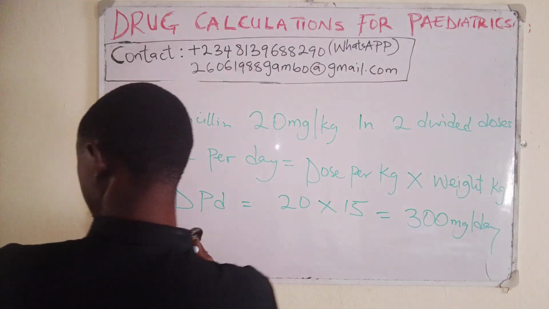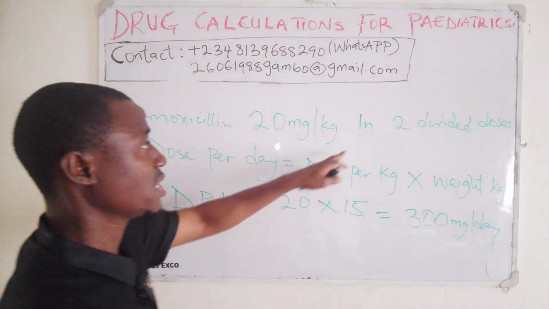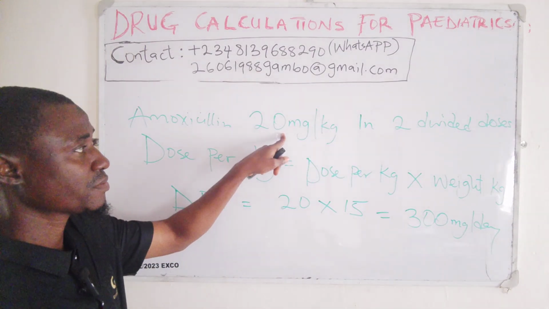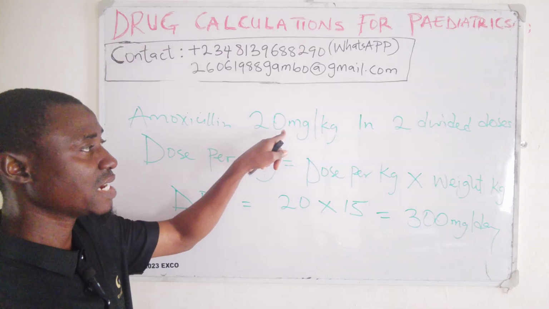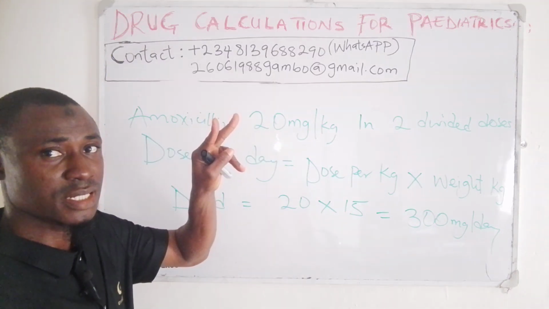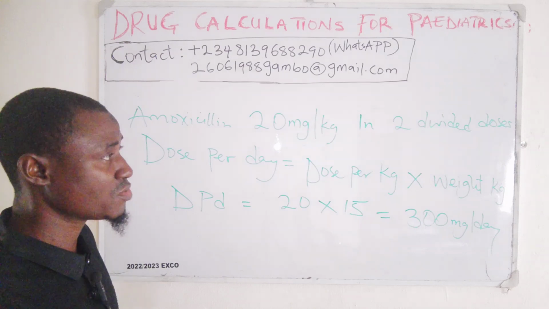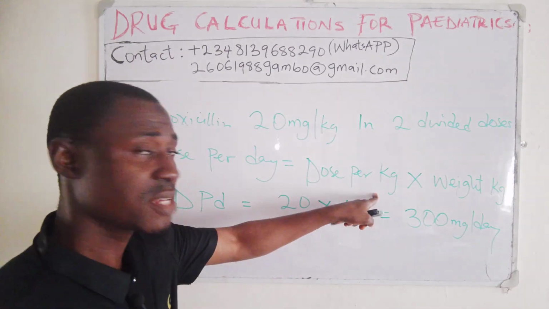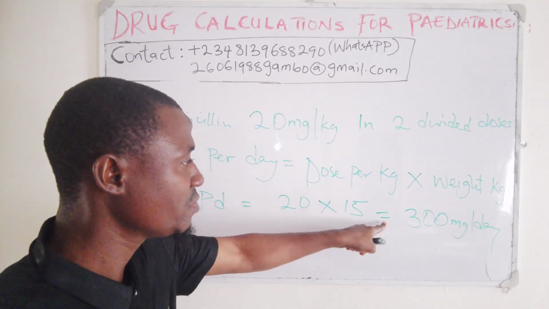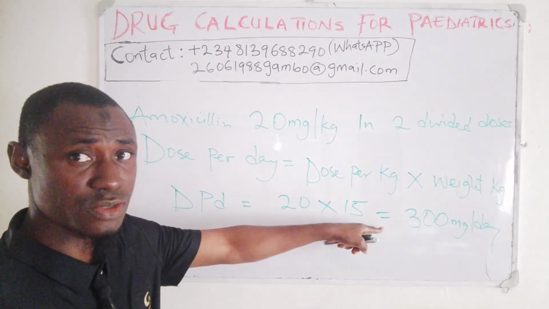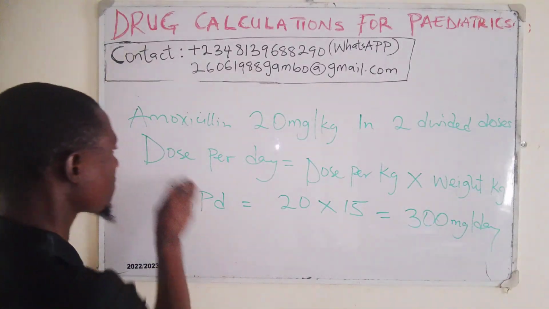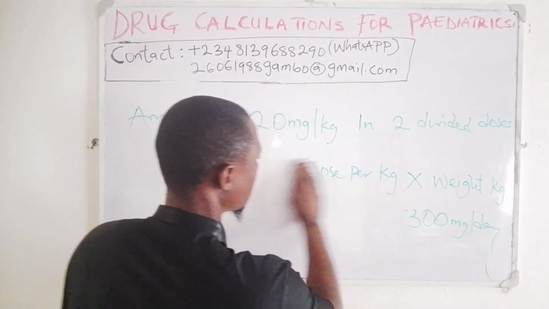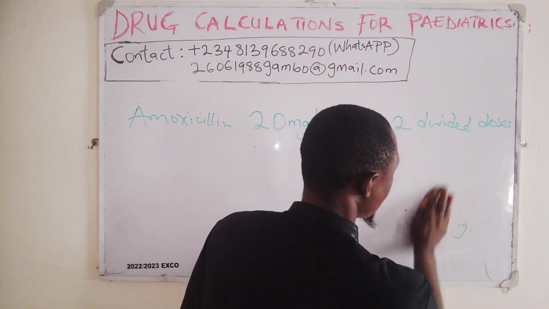If it is dosed in 2 divided doses, that means I'll be administering this drug twice in 24 hours to that child. Remember, let's use the same example and keep this value, because we're going to use it for the next phase. We have seen dose per day; now the dose is in divided dose form.